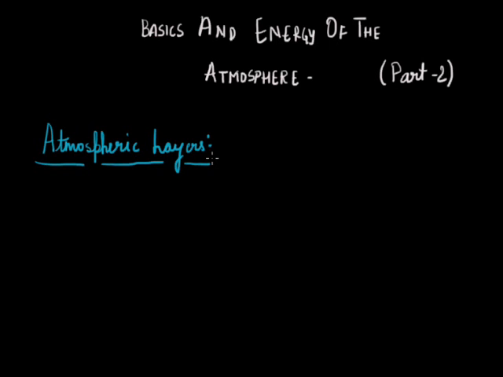Previously, we studied how the atmosphere was formed and what is its composition. In that, we studied that it is a combination of different kinds of gases, water vapors, dust particles and components. These components carry different properties like density, pressure, electrical properties, chemical properties or temperature.